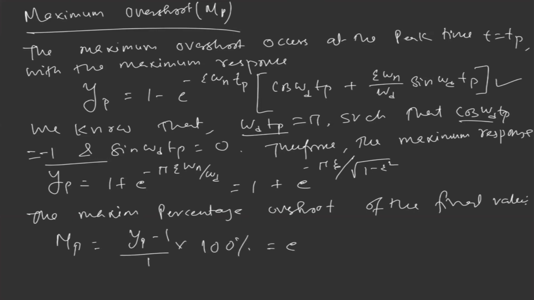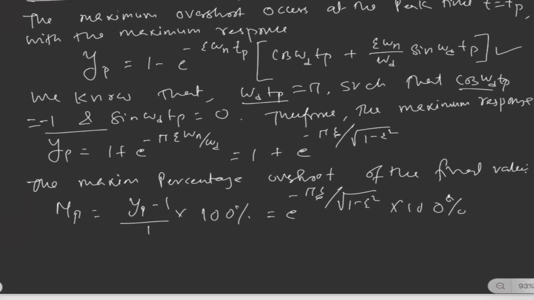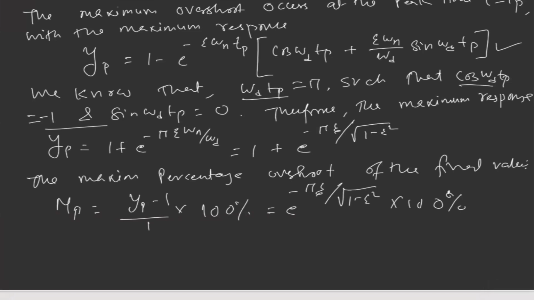And from this we can write e to the power minus pi zeta divided by root over 1 minus zeta squared into 100%. So this is how we define the maximum overshoot of the response. Similarly to the previous specification, here also we can modify the maximum overshoot using zeta, and zeta also depends on control parameters. This is how we do the modification. Now we'll go to our last specification, settling time.